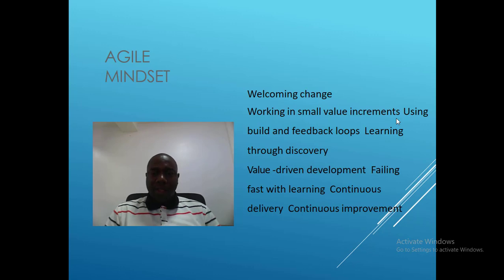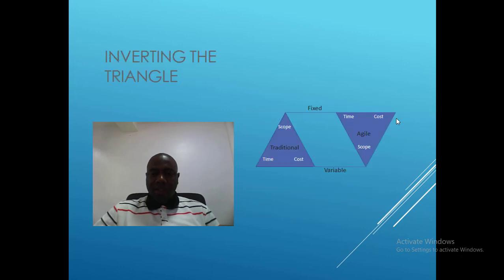Value-driven development, failing fast with learning, continuous delivery, and continuous improvement: getting feedback and working on what you have to make it better in small chunks so that value can be delivered within the shortest period of time.